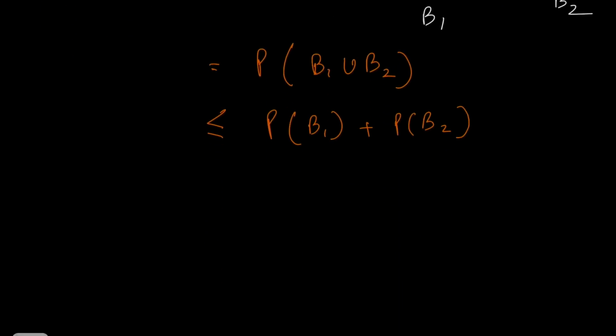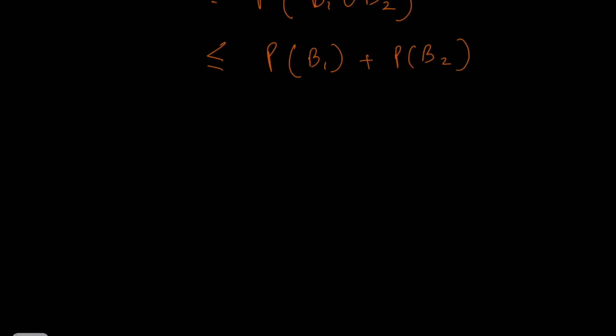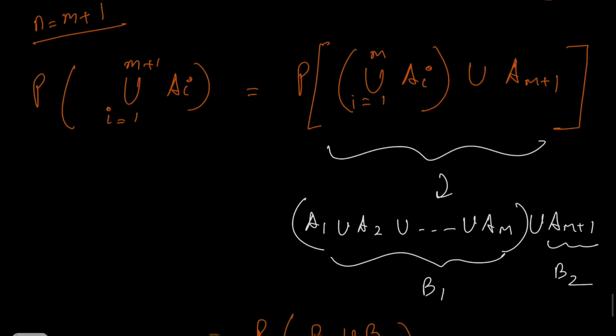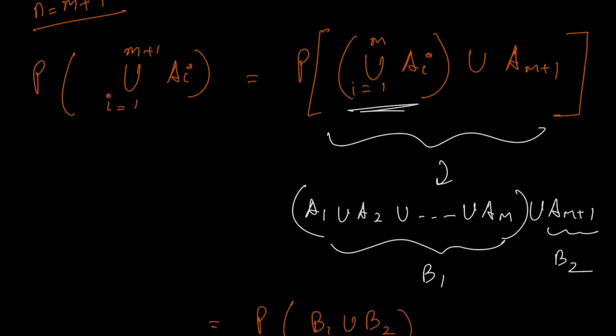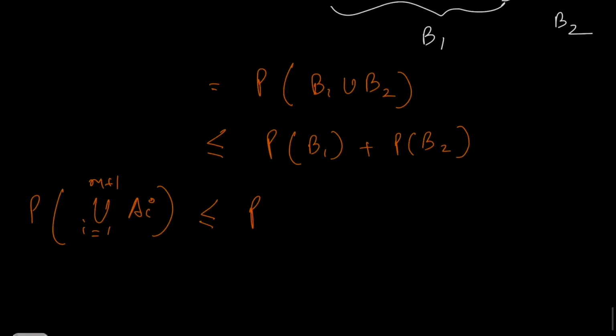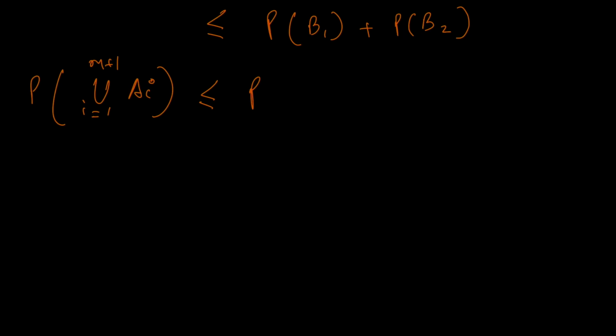Now let's write the two things. So P of union of i equal to 1 to m plus 1 Ai is less than or equal to P of, let's fill in the places, B1 is nothing but this thing, and B2 is nothing but this thing: the probability of union of i equal to 1 to m Ai plus probability of Am plus 1.